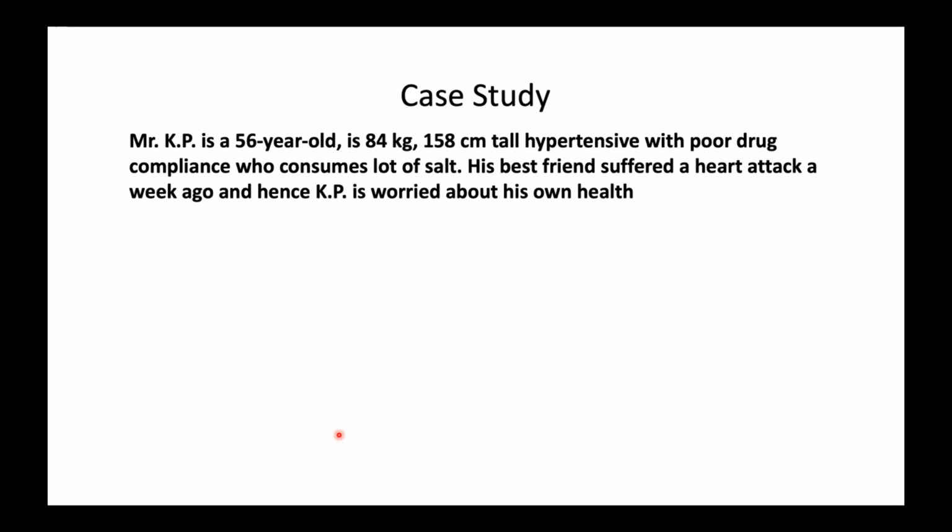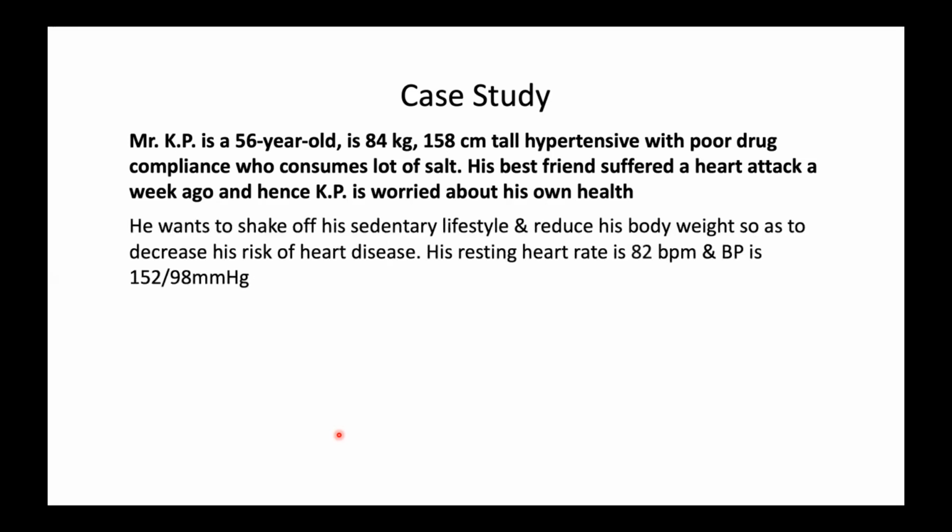His best friend suffered a heart attack a week ago, hence KP is very worried about his own health. He wants to shake off his sedentary lifestyle and reduce his body weight so as to decrease his risk of heart disease. His resting heart rate is 82 beats per minute and BP is 152/92. So what advice would you give him regarding his lifestyle?